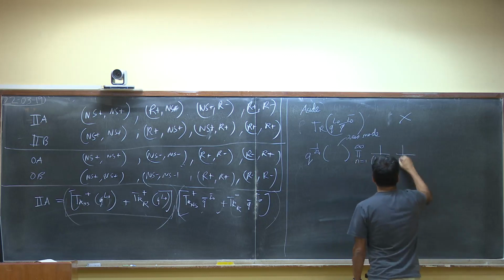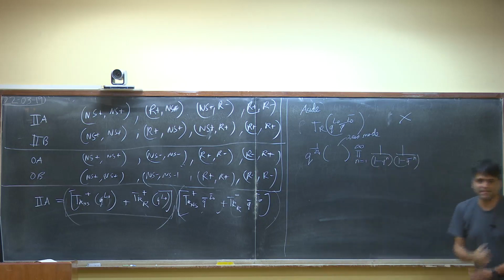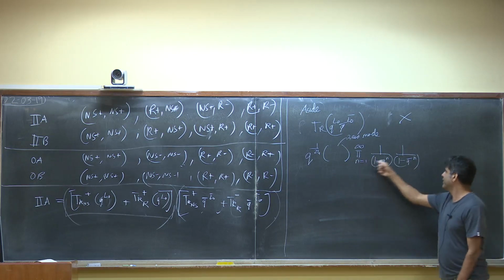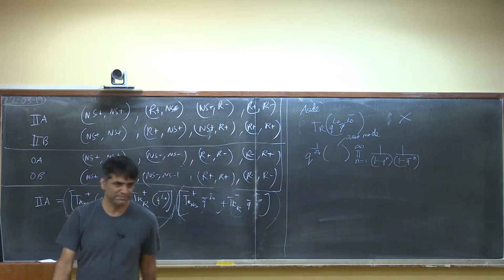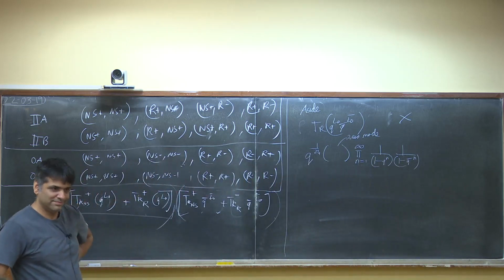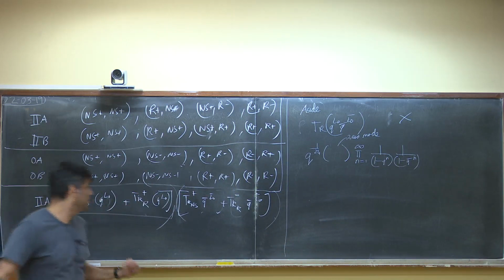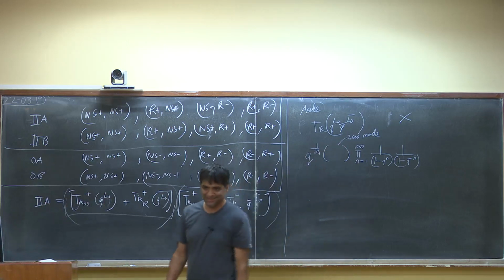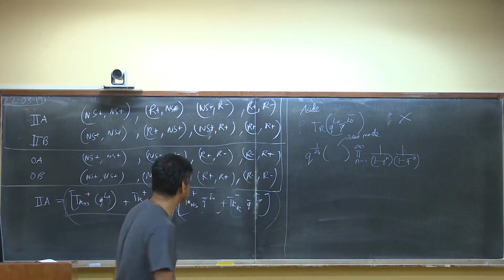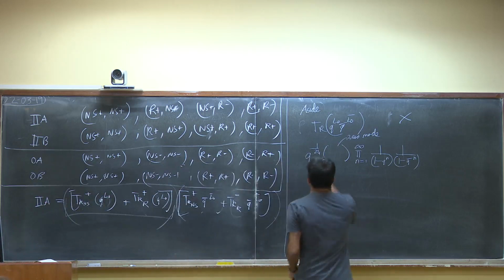And just for fun, so I don't have to write two product signs, I'm combining together the holomorphic and the anti-holomorphic oscillators. Is this clear? This is the partition function. Now, of course, to make this a real formula, I have to replace this bracket zero mode by something. So there would be a q bar to the minus 1 by 24. Thank you. That's q bar.